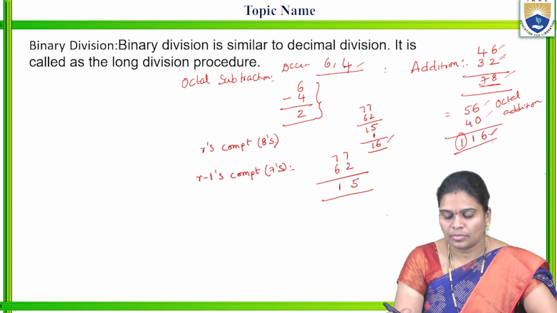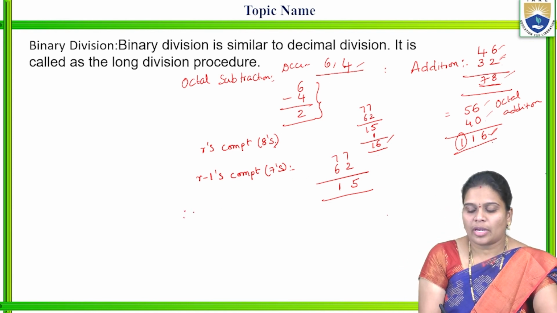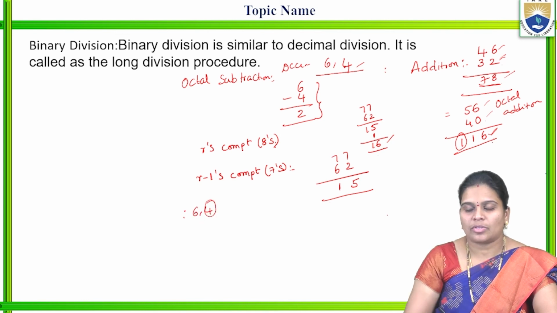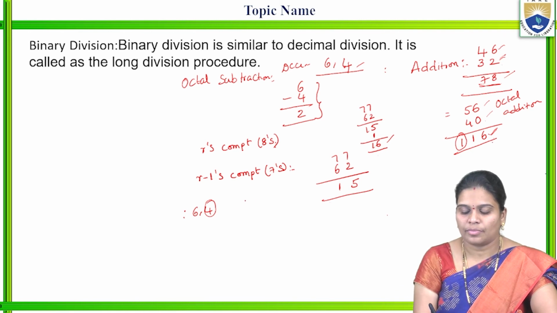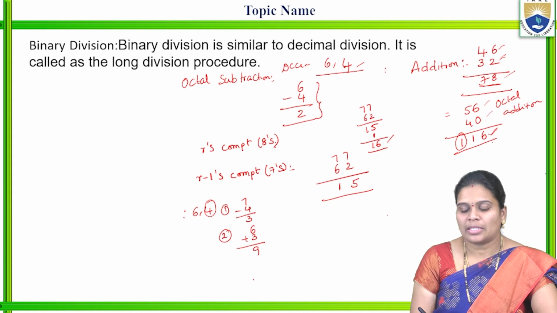First one. Coming to the 7's complement, in this one we are taking the digits 6 and 4. First apply the 7's complement of this one. 7 minus 4 is 3. So this is the first step. Coming to the second step, 6 plus 3 is 9. Okay. So this 9 is not there in the octal system, so that's why we are taking 1, 1.